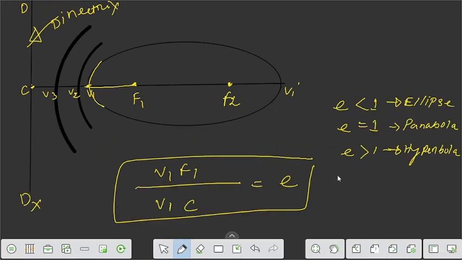And very important, eccentricity is equal to 0 for a circle, and eccentricity is equal to root 2 for a rectangular hyperbola.